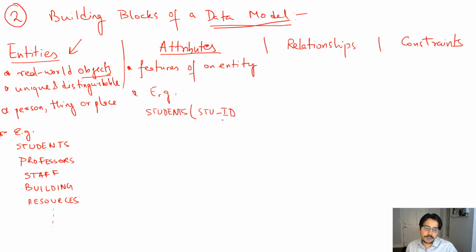And the second habit that you should make is, for any attribute that you specify, you should prefix it with the acronym or the full name of the entity that the attribute defines. So you can have student ID, then student name, then student address, then student phone, and so on and so forth, okay?